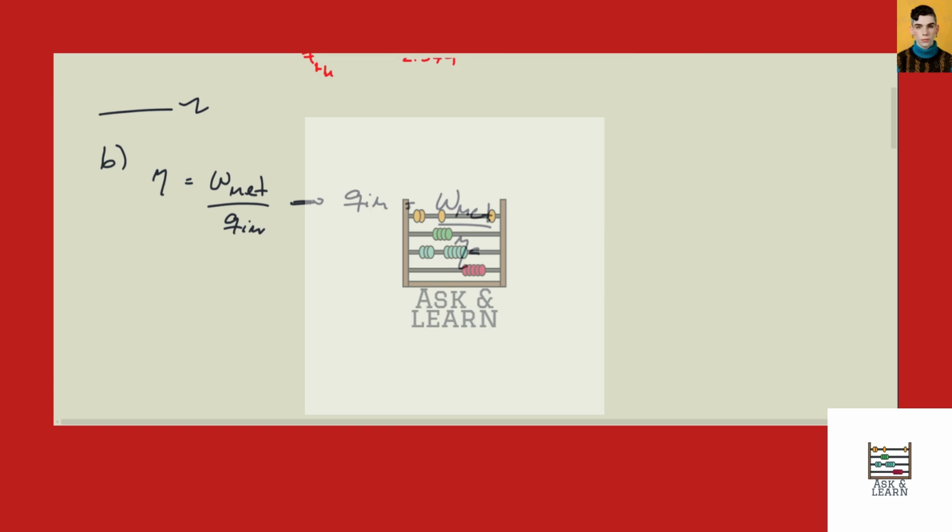Okay, so the Carnot efficiency is defined by 1 minus TL, the temperature of the low reservoir, divided by the temperature of the high energy reservoir.